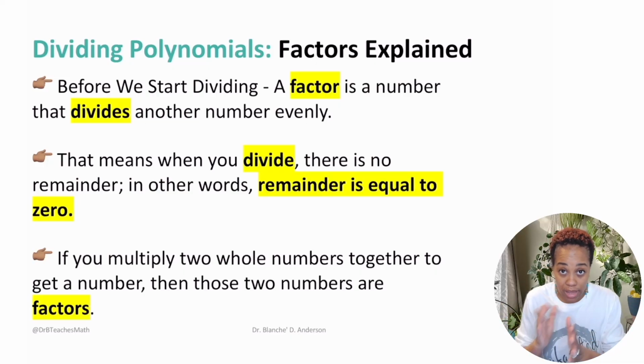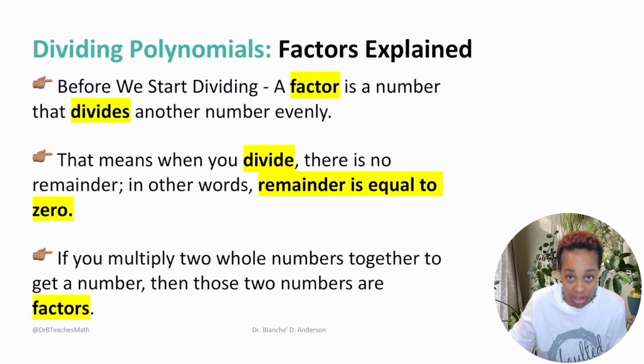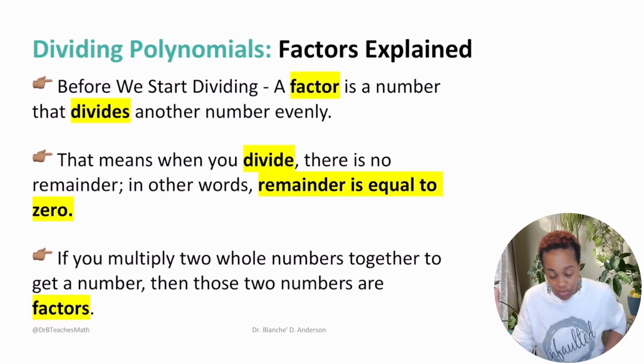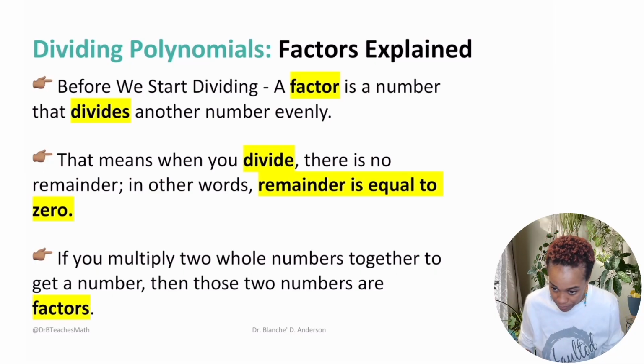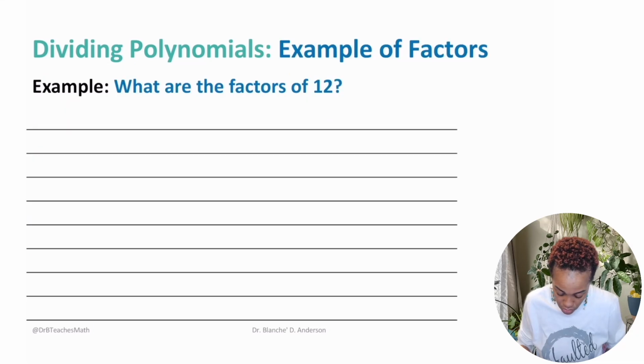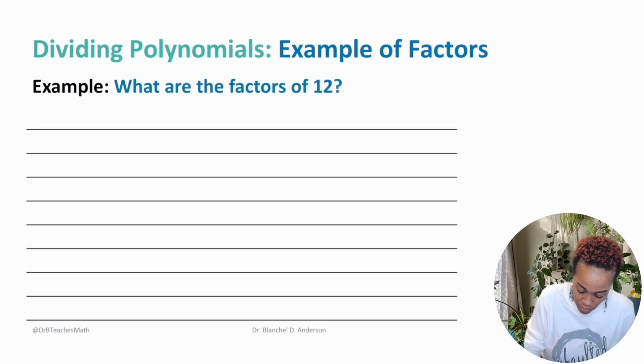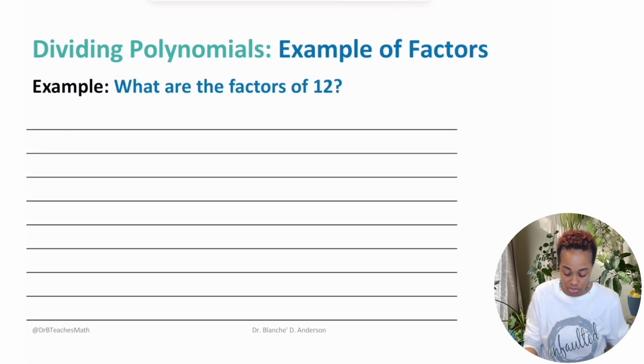So if you multiply two numbers together and you get that number, those two numbers are factors of that particular number. And you've seen this before, so let me show you. Let's do, what are the factors of 12? What I'm saying is, what are the numbers that you multiply together to get 12?